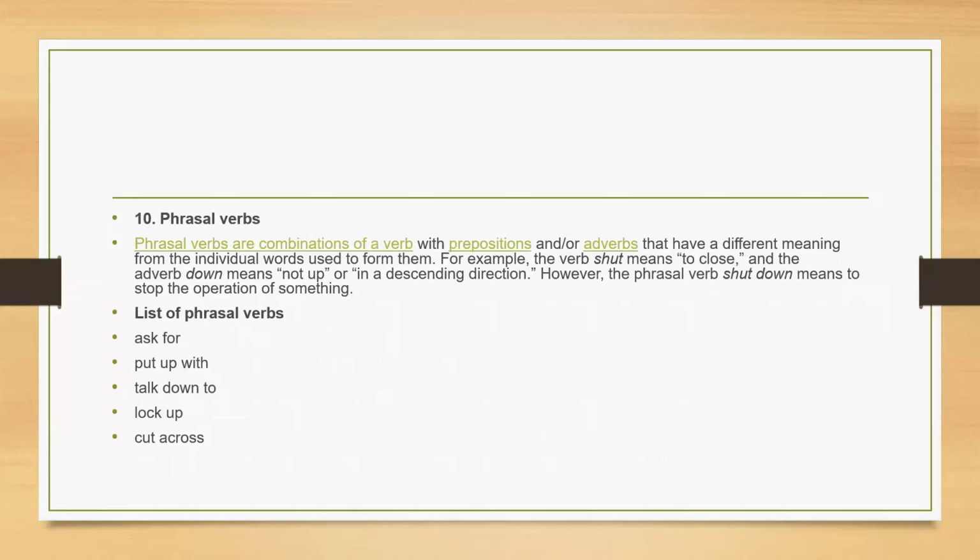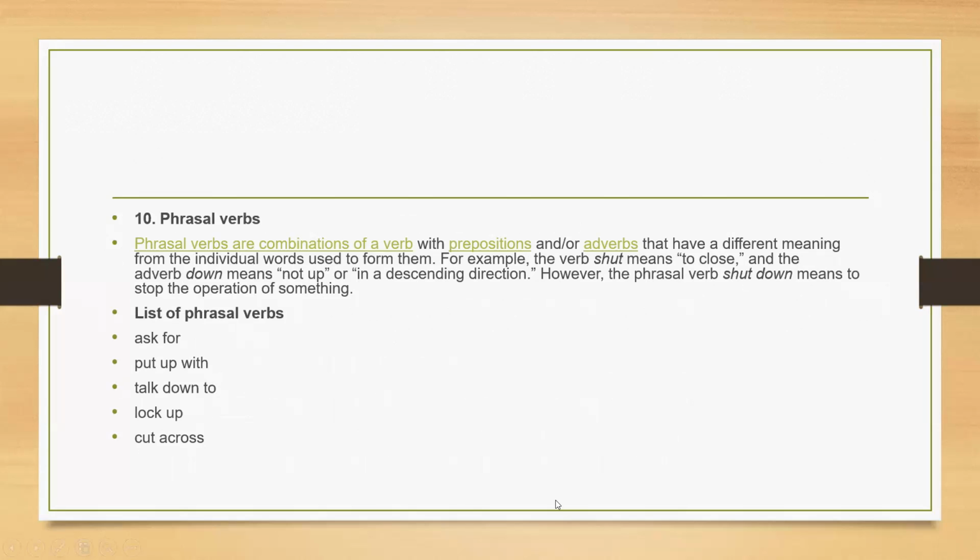Now, a phrasal verb is a special kind of verb where one verb and one preposition come together, so it forms a different kind of meaning. Phrasal verbs are a combination of a verb with a preposition and/or adverb and have a different meaning from the individual words.